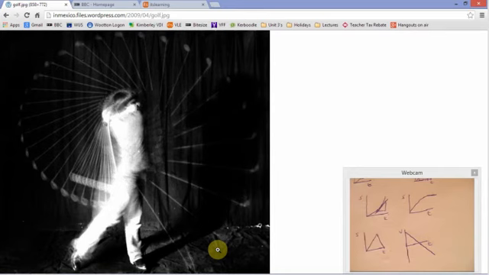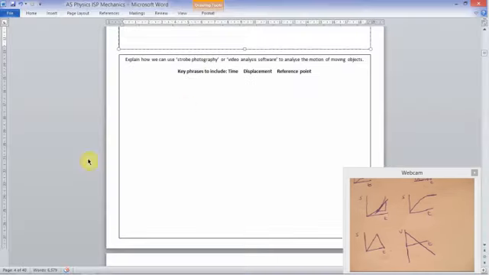So 0.5 over 0.1 gives you 5 meters per second. Over here you can see the distance is smaller, but the time is still the same. The time between each picture isn't changing, so over here it must be travelling slower. So that's how we can use strobe photography to analyse the motion of moving objects.